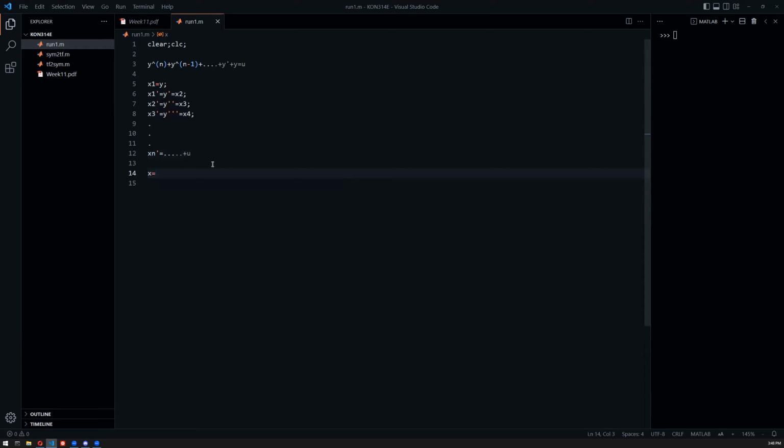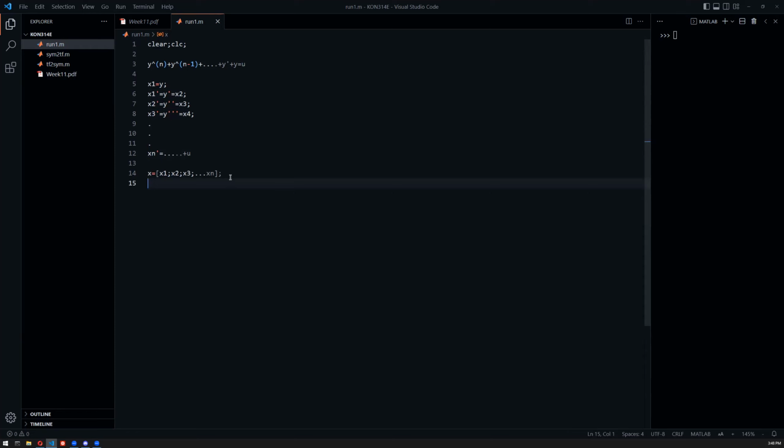We define a variable called x, which is going to be the state variable, and we dump in all the definitions that we had. So that's going to be basically this one here, xn. So this is basically our vector of unknowns or states.